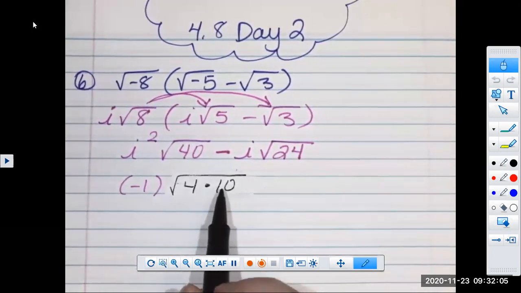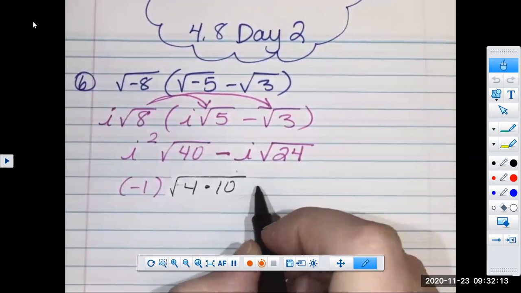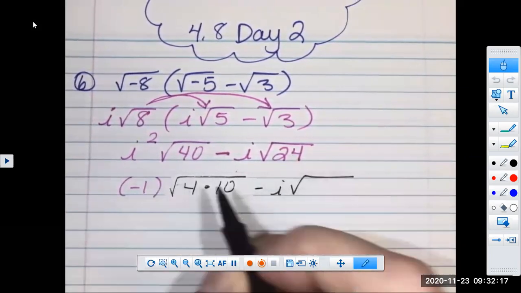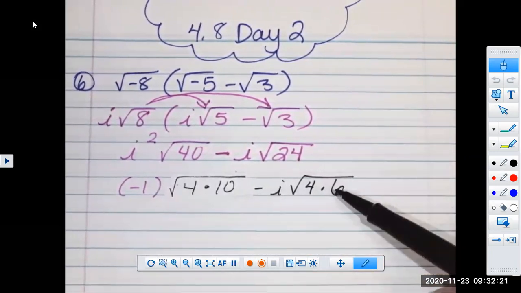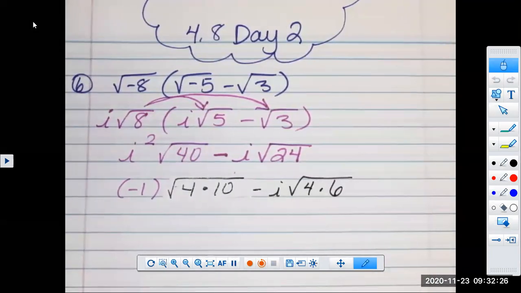You can't take the square root of 10, and 10 does not contain any perfect square factors, meaning that 4, 9, 16 will not divide into 10. We break 24 down into 4 times 6, same thing. Can't take the square root of 6, and no perfect square will divide into 6.